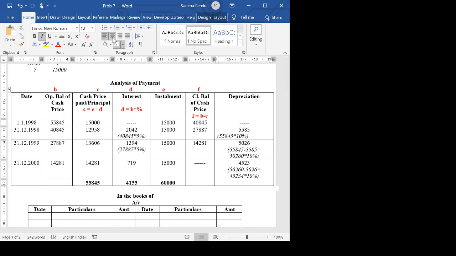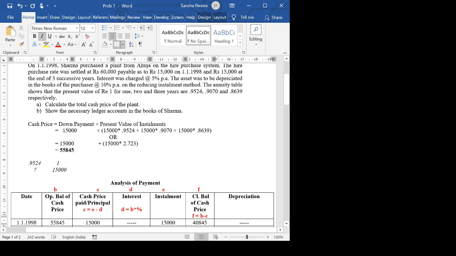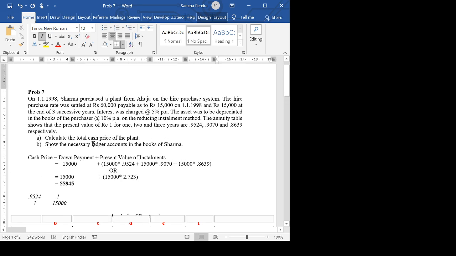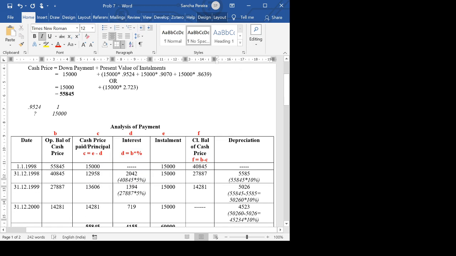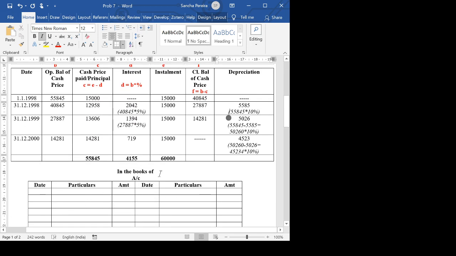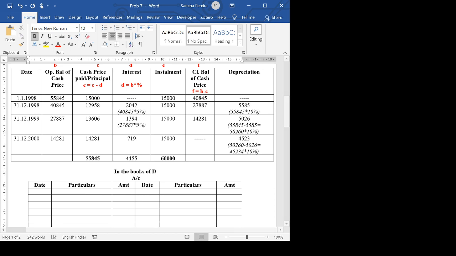Okay, so let's proceed with our entries. So we are doing in whose books have they asked us? Always check that. Show the ledger accounts in the books of Sharma. Now who is Sharma? Sharma purchased. So Sharma is a hire purchaser. So in the books of Sharma, which are the books that we open in the books of the hire purchaser?